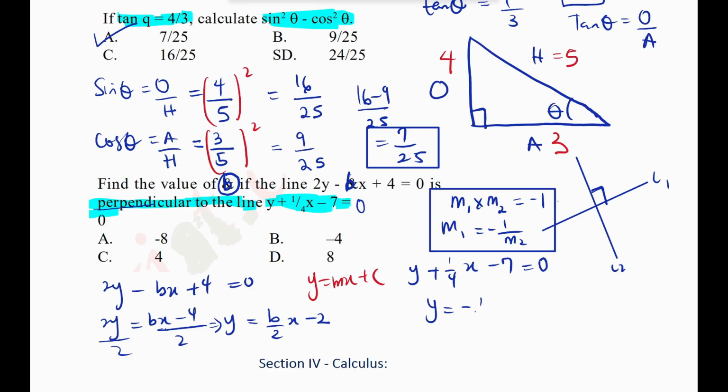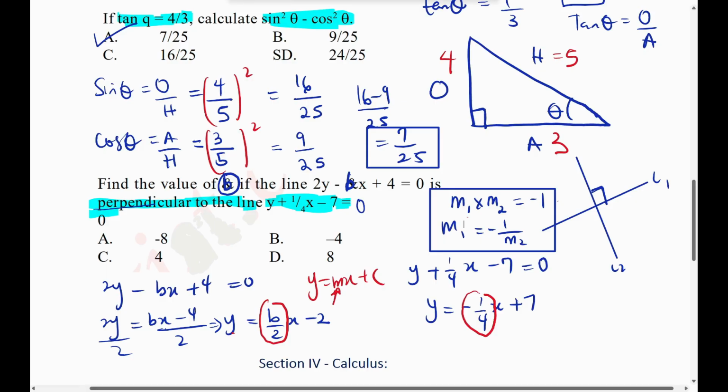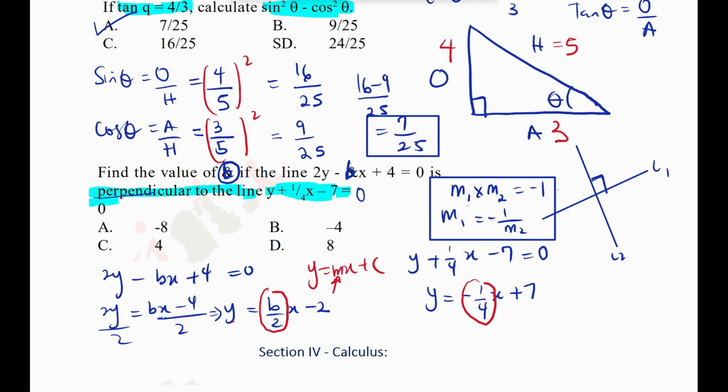So now remember that the gradient is m. If you multiply the gradient of the first line and the gradient of the second line, according to our definition, they must give you minus 1. So therefore, if we do b over 2 times minus 1 over 4, we should get minus 1.